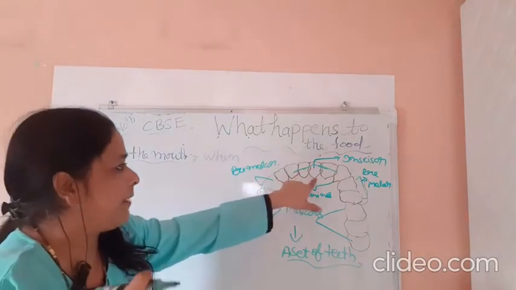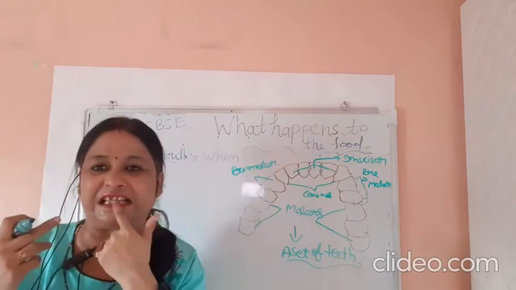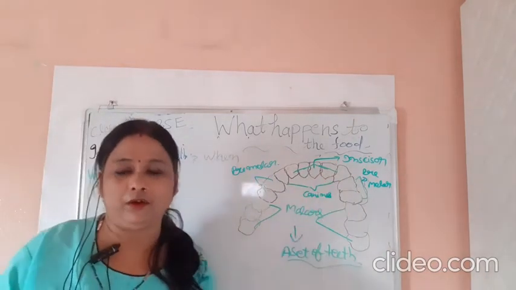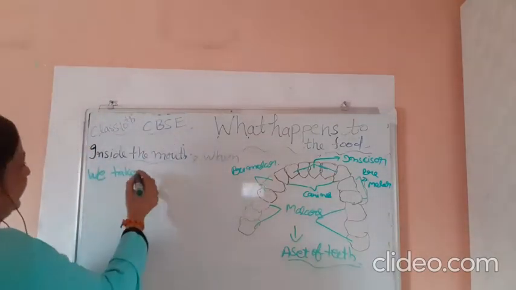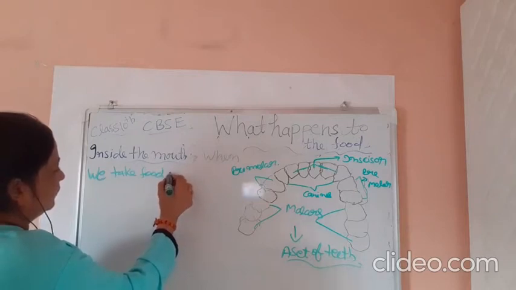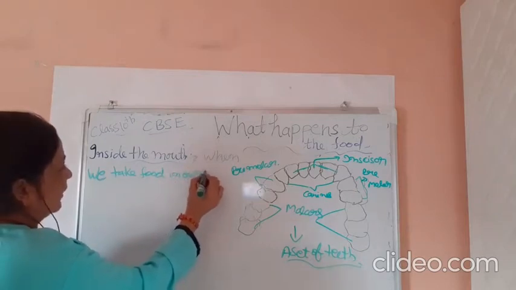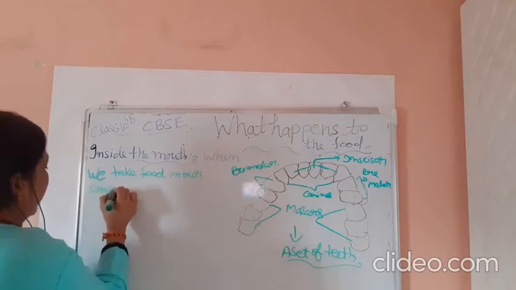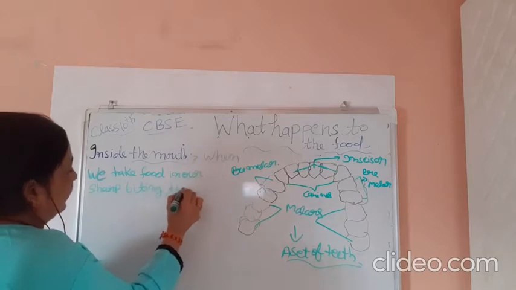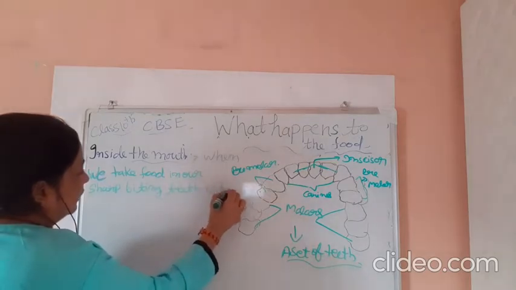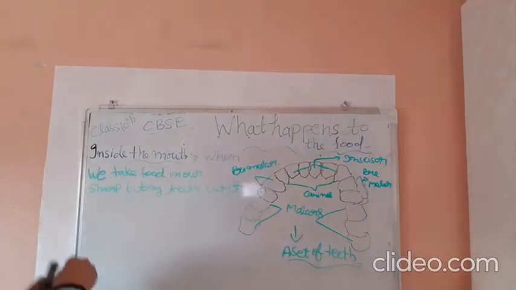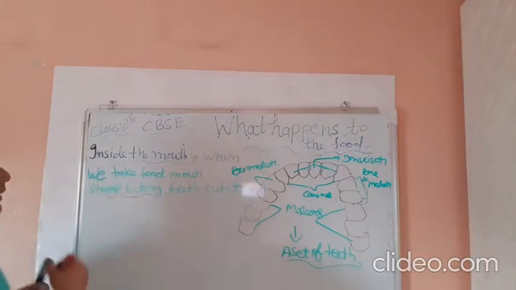These are the sharp biting teeth at the front of our mouth. This is the incisor, and the food is cut by these teeth. Underline this: sharp biting teeth cut the food.